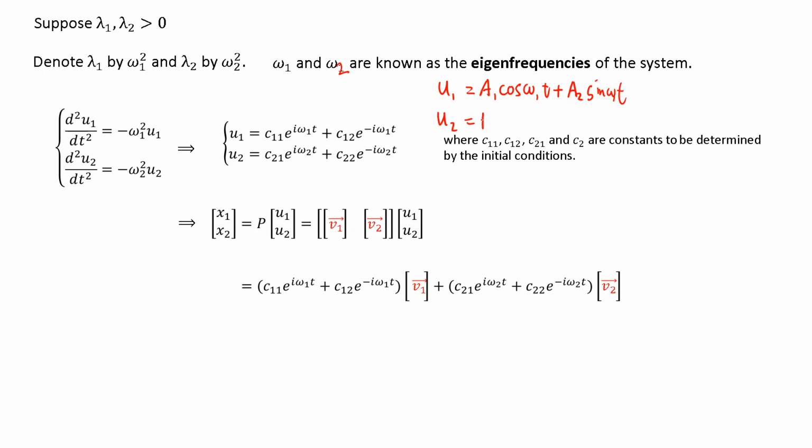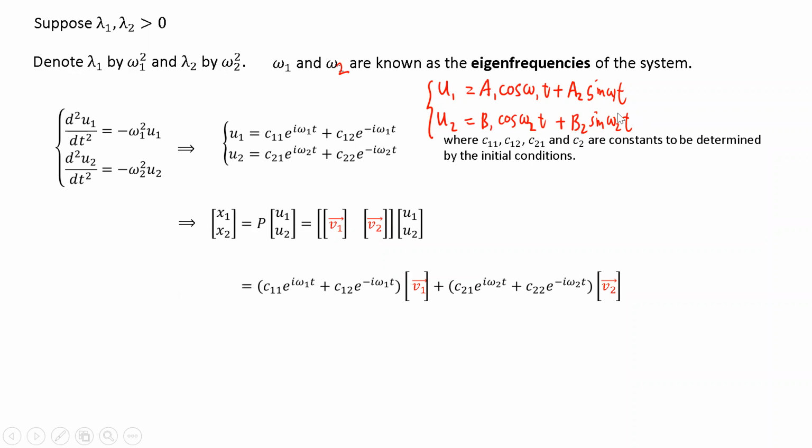And u2 is equal to B1 cosine omega2t plus B2 sine omega2t, right? So as you like, you can either write it in this form or in this form. Okay. But one thing to remind ourselves again is that at the end we are looking for the displacement of the particles, right? So no matter what, what we have at the end has to be real numbers. Okay.